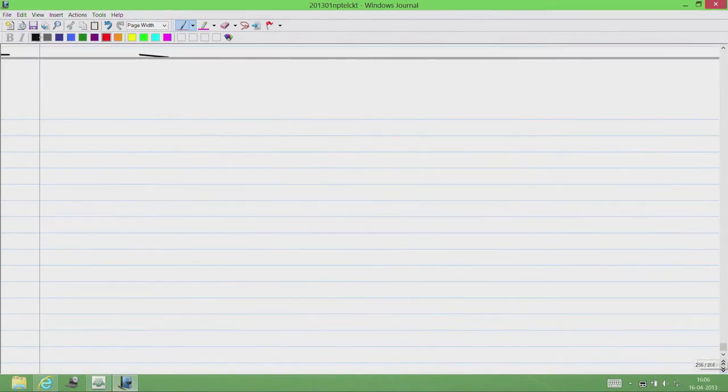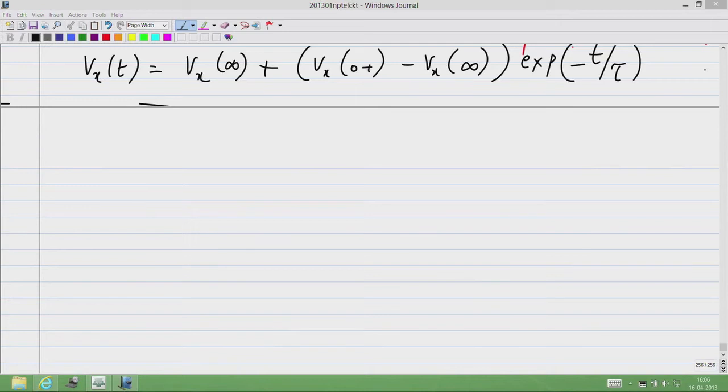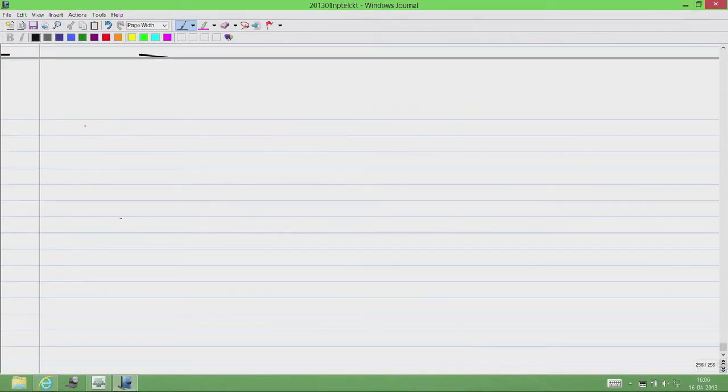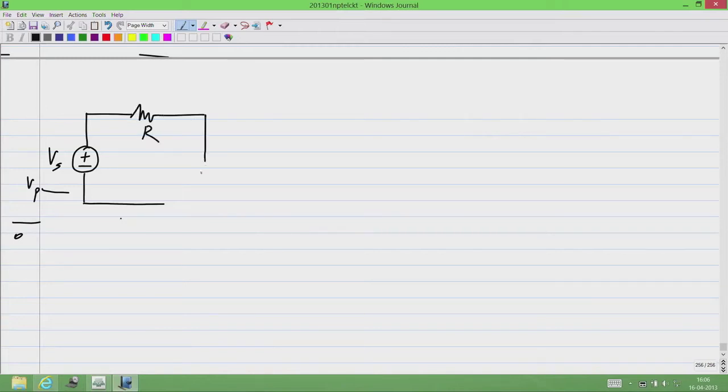Okay, so if not, let me go to a slightly more complicated example than what we looked at in the previous lecture. Again, this is Vs and it jumps from 0 to Vp, and I will have R, C, and let me call this C1.